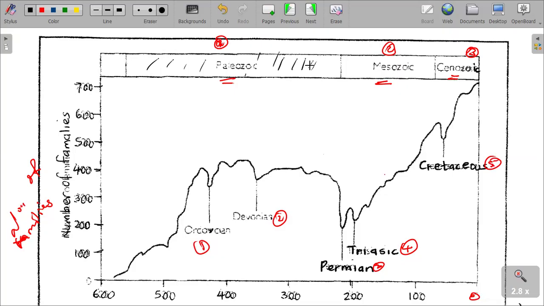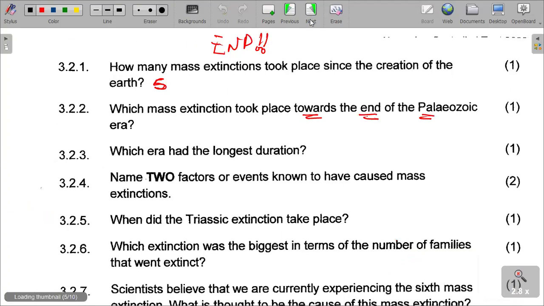So towards the end, our end is there. So towards the end, it is the Permian. It is the Permian that took place towards that era.